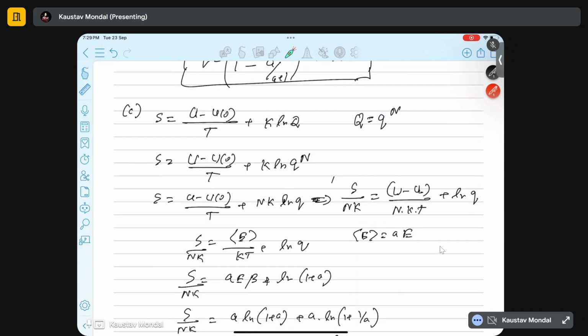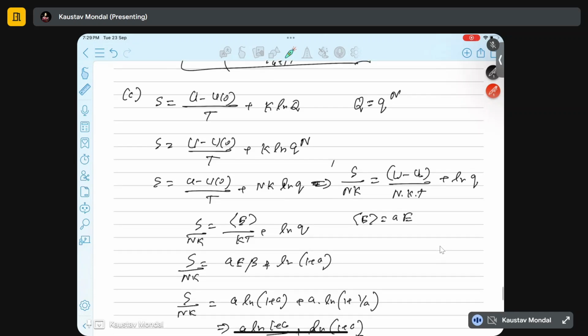Entropy calculating is very straightforward. So we use the thermodynamic definition of the entropy, where capital Q is the system partition function. We can write the system partition function in terms of the molecular partition function, whether the particles are distinguishable or indistinguishable.